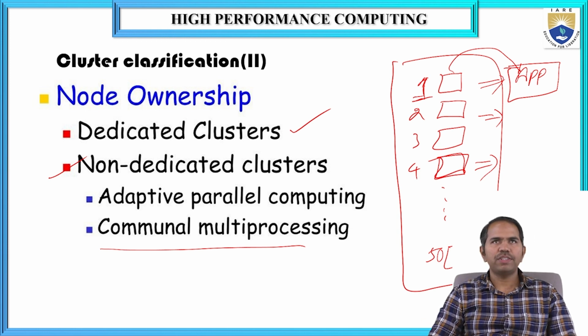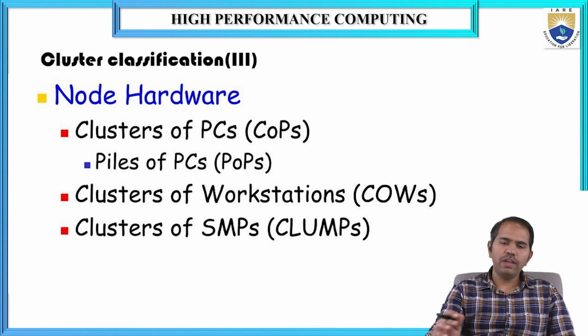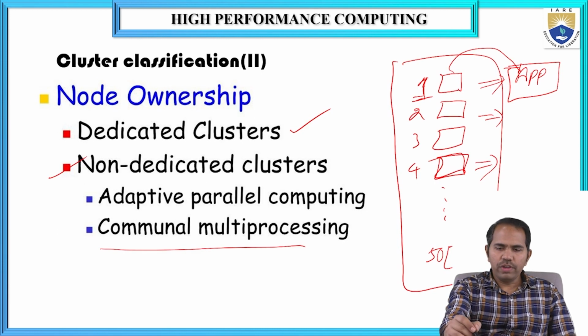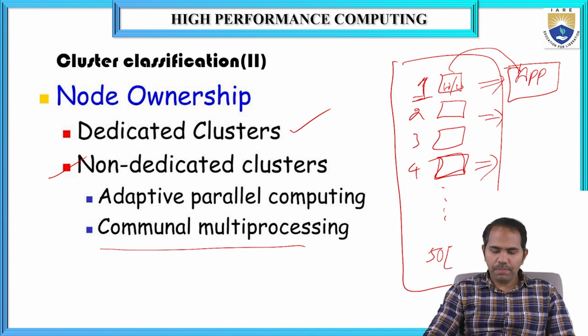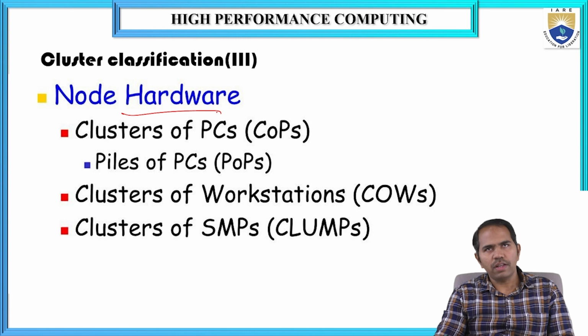The third classification type is node hardware. What type of hardware is used in a node? A cluster contains different nodes, and a node is one system, internally a high performance system. Now we talk about the node hardware: what type of hardware is used internally?